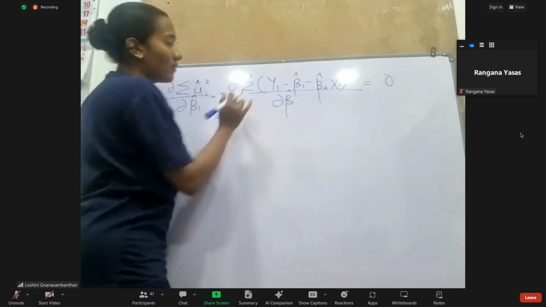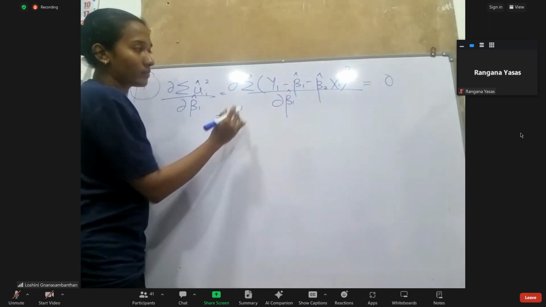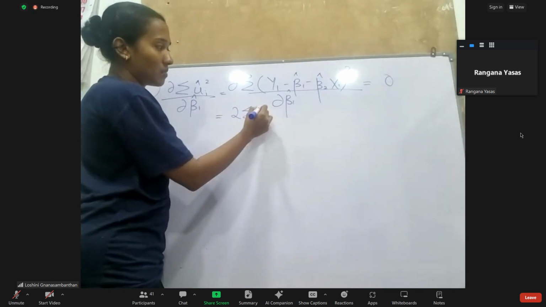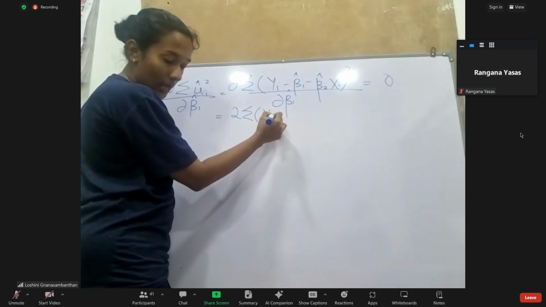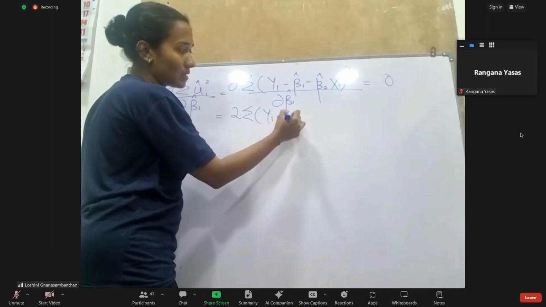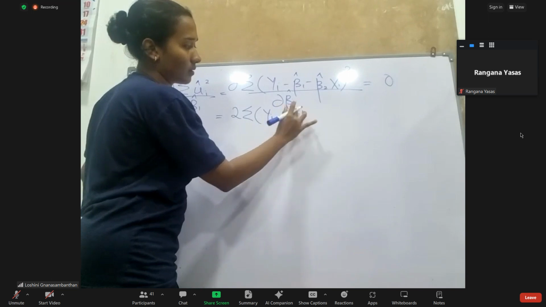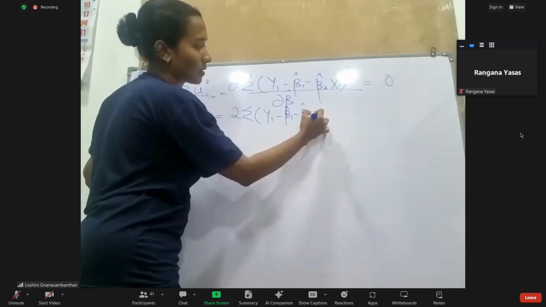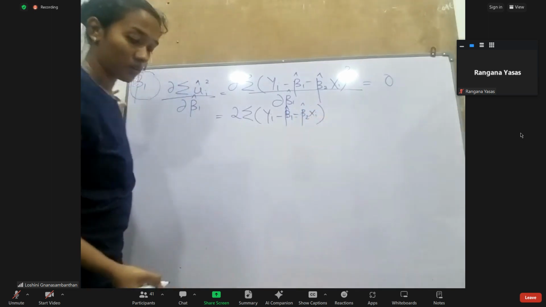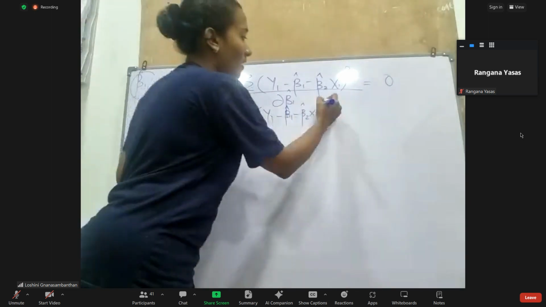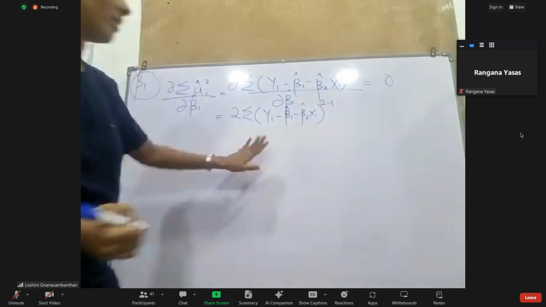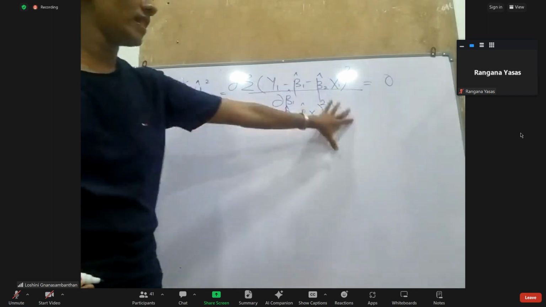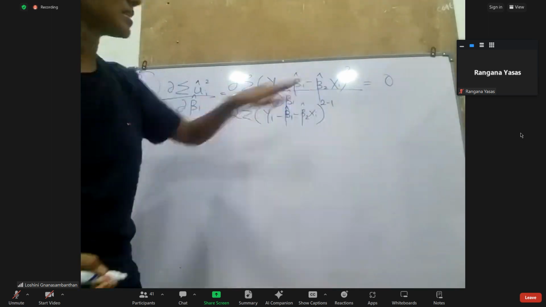So this square will come out, and sigma, yi minus the rest same as it is. This is the first part of that derivation, right? But this is solving the outer equation. Now let's come to the inside.